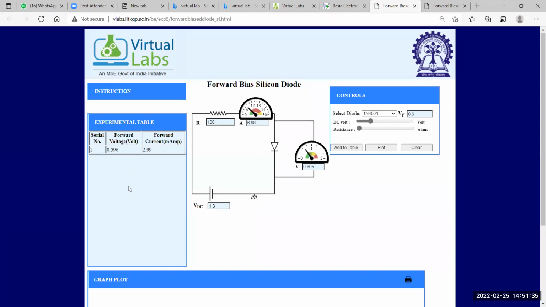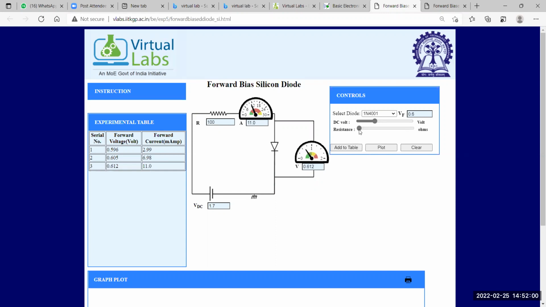We must calculate 8 or 10 readings as per the circuit. Next and third, we have to calculate 8 or 10 results as per the circuit.